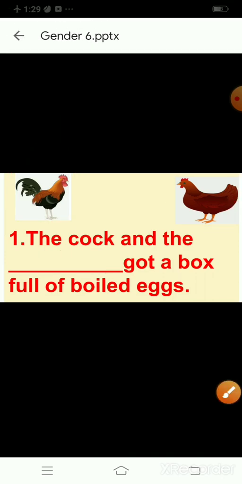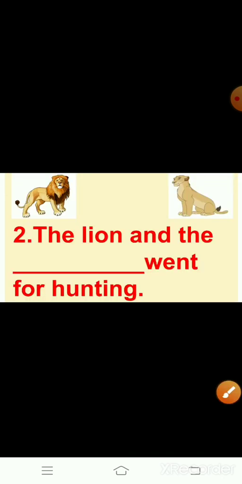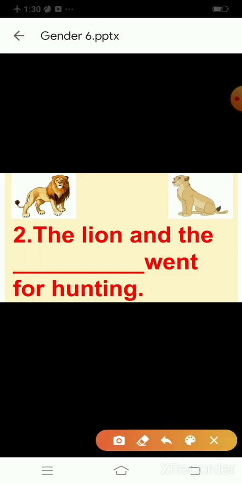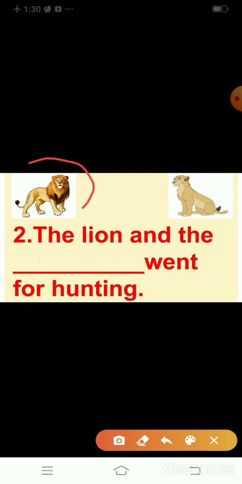Let's see the next sentence. Okay, let me read the sentence. The lion and the dash went for hunting. So see the pictures. This is the picture of a lion. And what is this picture?